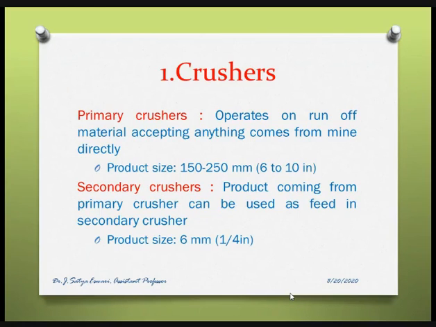Primary crushers operate on run-of-mine material, accepting anything that comes from mines directly, the crude product, as feed. Whatever comes from the primary crushers can be given to secondary crushers, and then from secondary crushers to grinders.